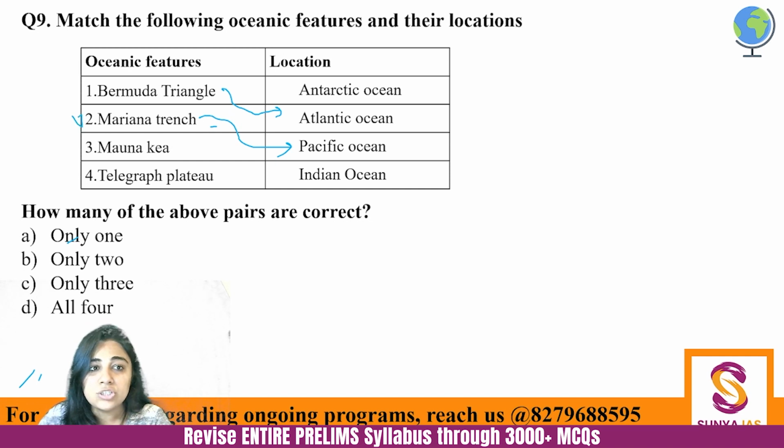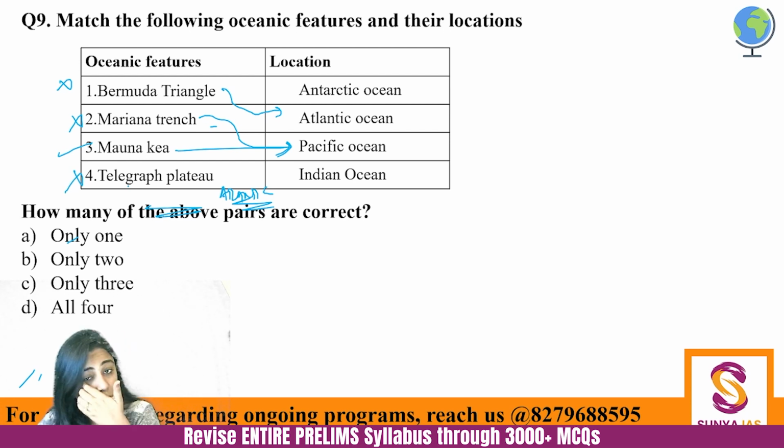So Mariana Trench is not correctly matched, Bermuda Triangle is not correctly matched, but Mauna Kea is correctly matched with the Pacific Ocean. And Telegraph Plateau is in the Atlantic Ocean again. It is near Greenland. Okay, so these are some ocean features, and all four are important. Bermuda Triangle, you know.